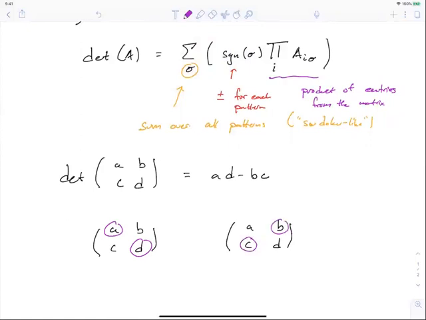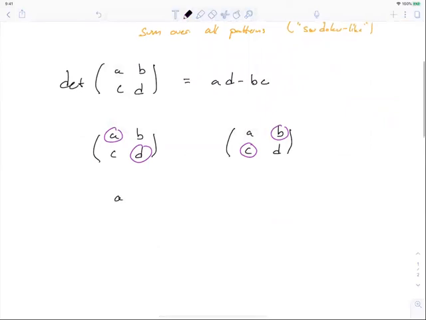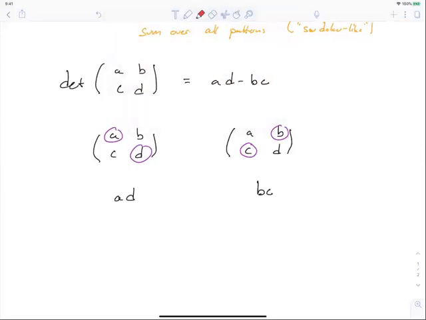And so what this says is, for each pattern, we're going to multiply up all the ones that we've chosen. So in this case, we have AD, and in this case, we have BC. And we're going to either add or subtract them, depending upon whether it has a positive diagonal or a negative diagonal. So here, this is going to be a positive diagonal. This orients positively with the main diagonal. In fact, it is the main diagonal. And this one is sloped or oriented the other way.